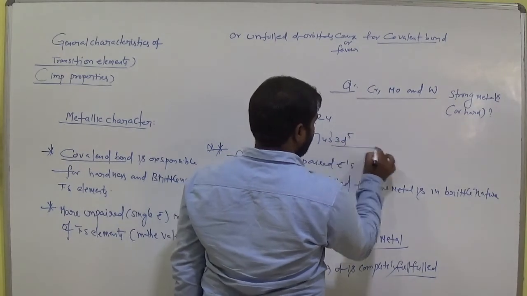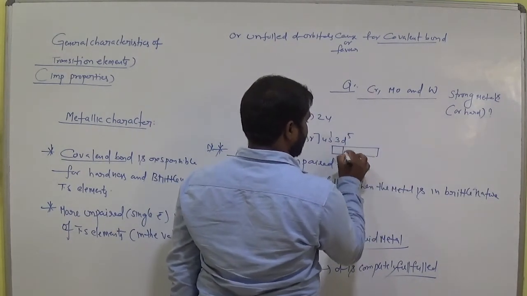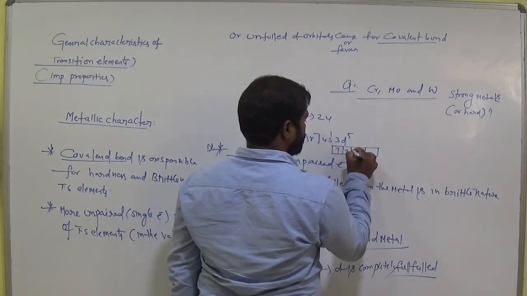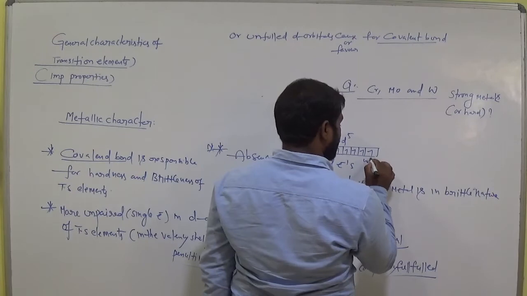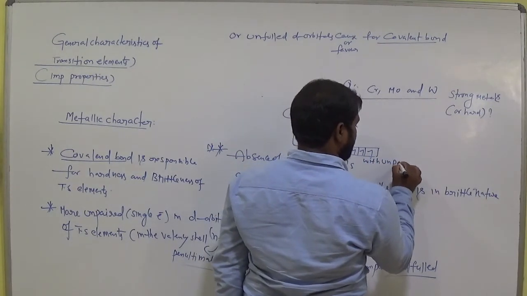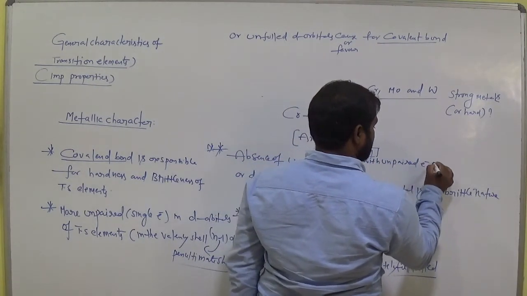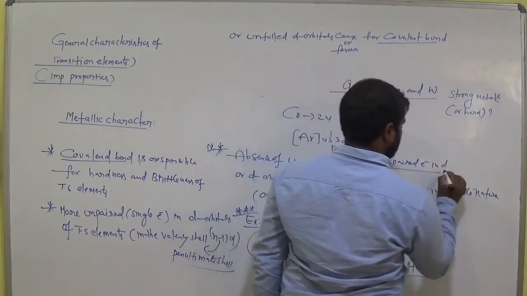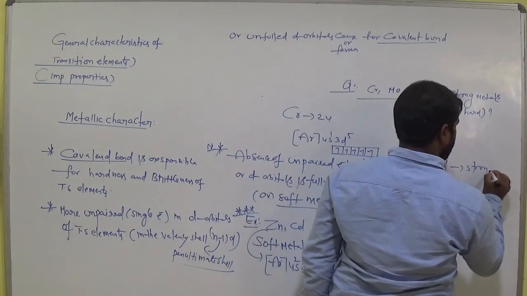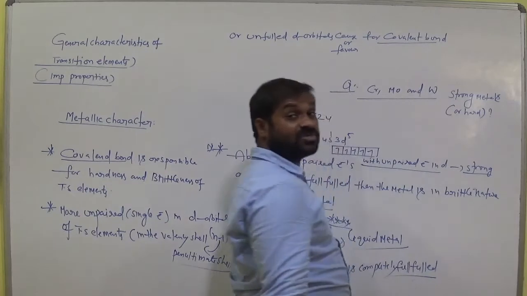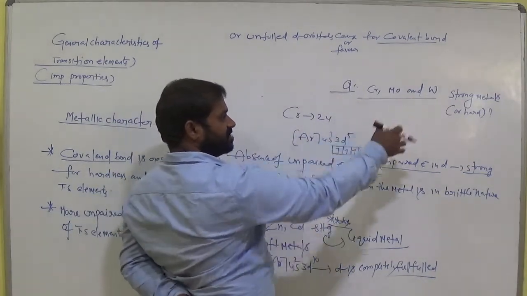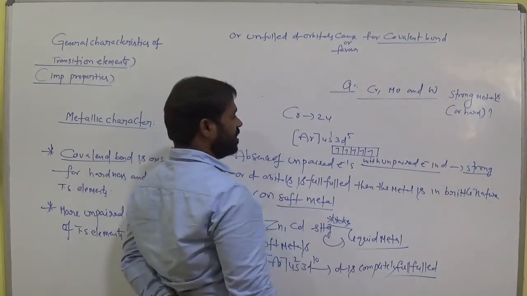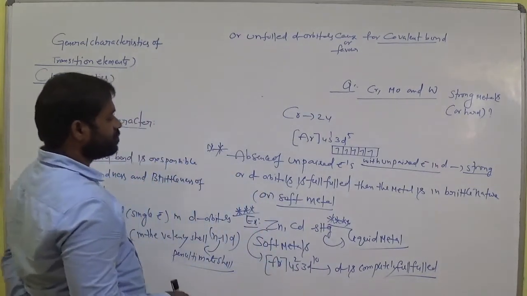In the d configuration, 1, 2, 3, 4, 5, all are unpaired electrons. So it gives a strong nature to the metal. Clear? This is the reason why these three are strong metals.